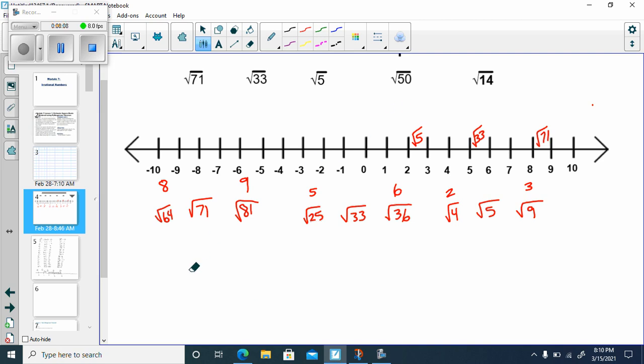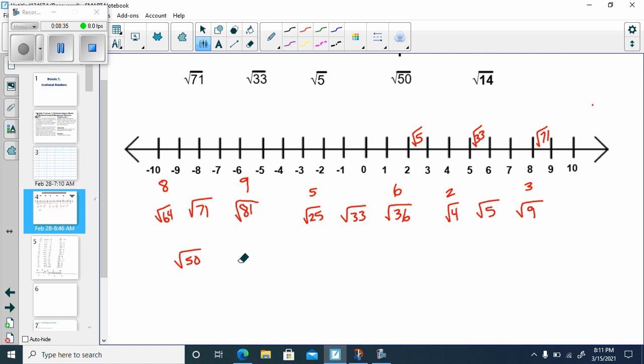Now let's look at another one, the square root of 50. If we've got the square root of 50, we're trying to find the two perfect squares on either side, so we'll know what two numbers this is between. Well, let's think. 51, 52, 53, 54, 55, 56, 57, 58, 59, 60.